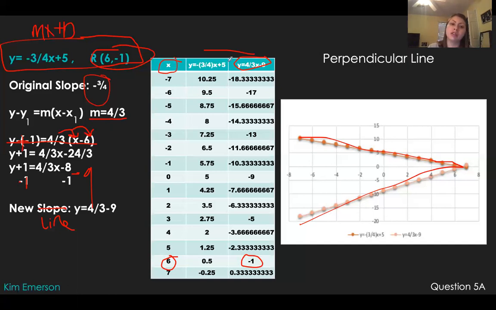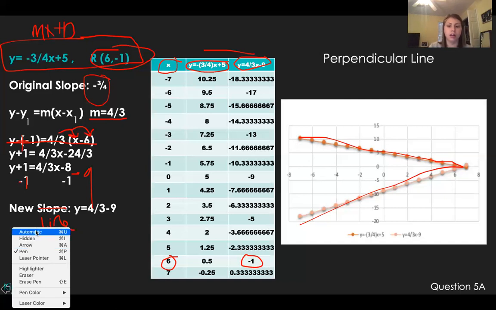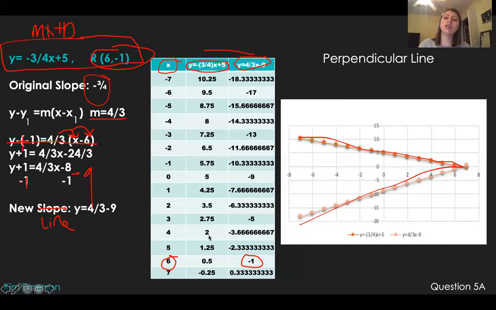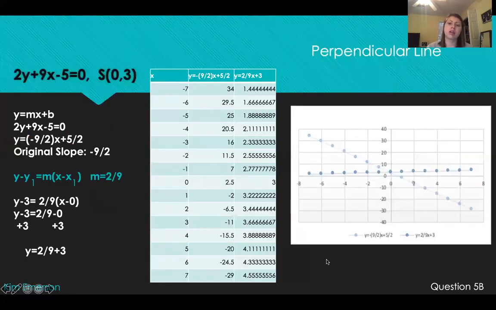The only thing that changes is our y values, our outputs, because we put in the same input, which is the x, and then we get different outputs for different functions. But they're still perpendicular lines. It's just different y values, because as you can see, the y values are changing on the graph. So let's look at some more perpendicular lines.